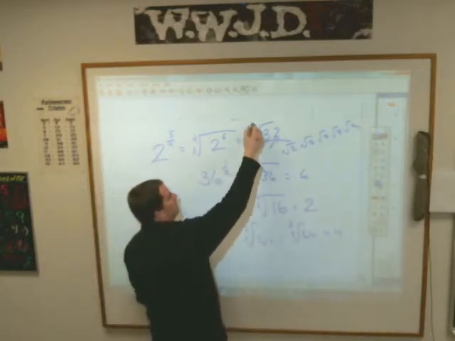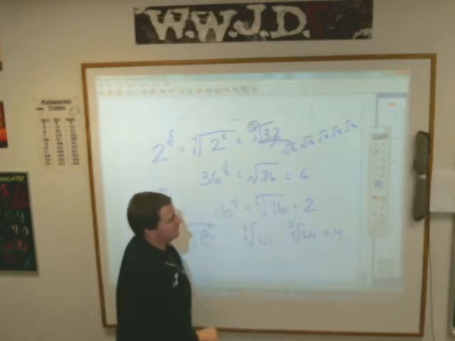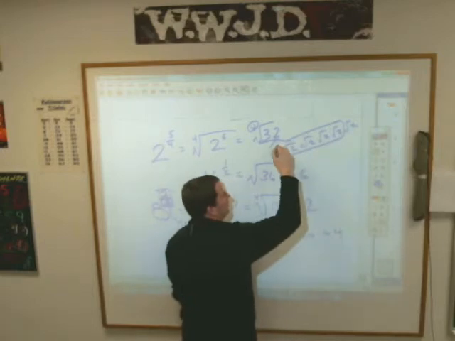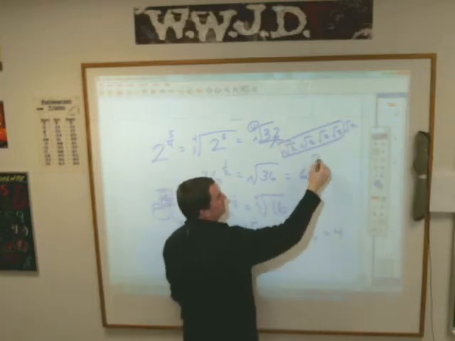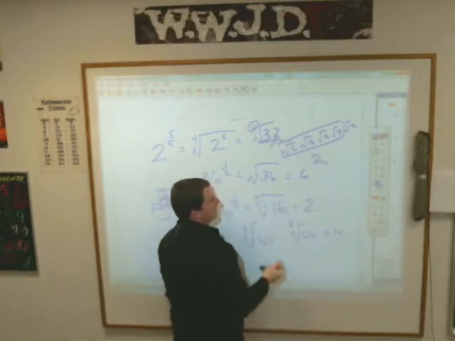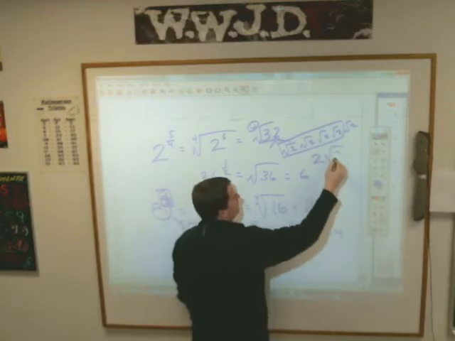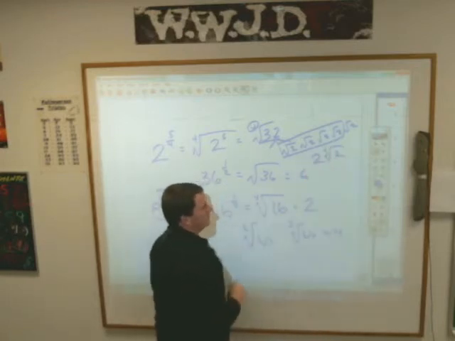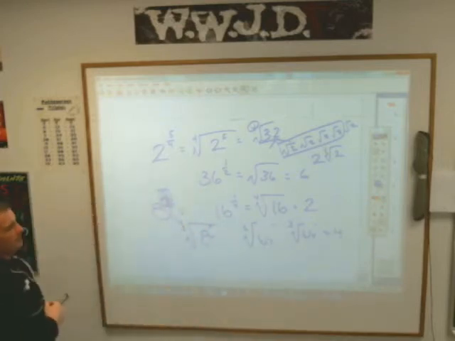You are looking for a number multiplied by itself 4 times. If you have 4 of the same thing, they will all cross off and give you just a normal 2, and you're left with 2 times the 4th root of 2? Would that be right?